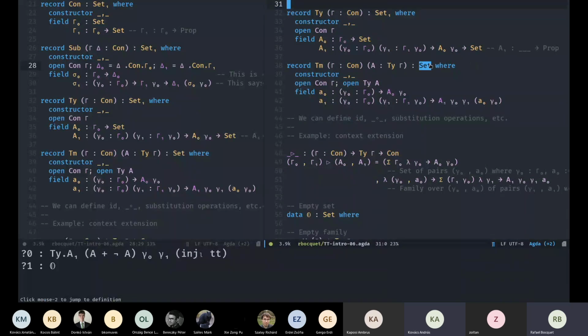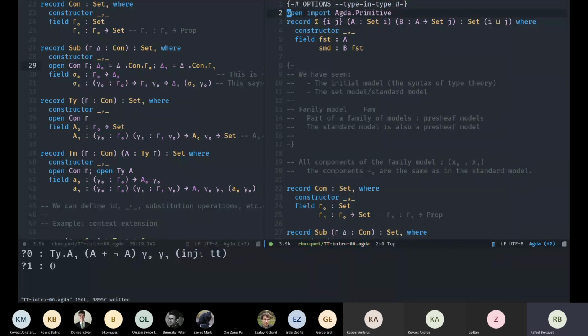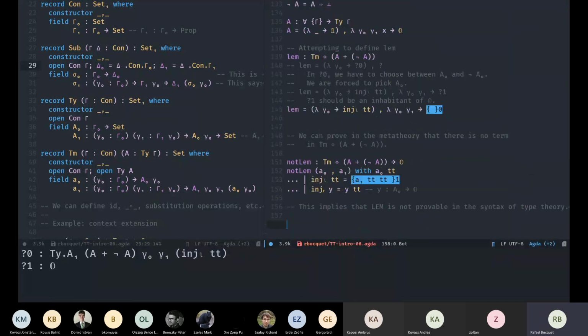Enable type in type. Maybe this works. Okay, so let's define the universe in the family model. Okay, so U, the type in the context.